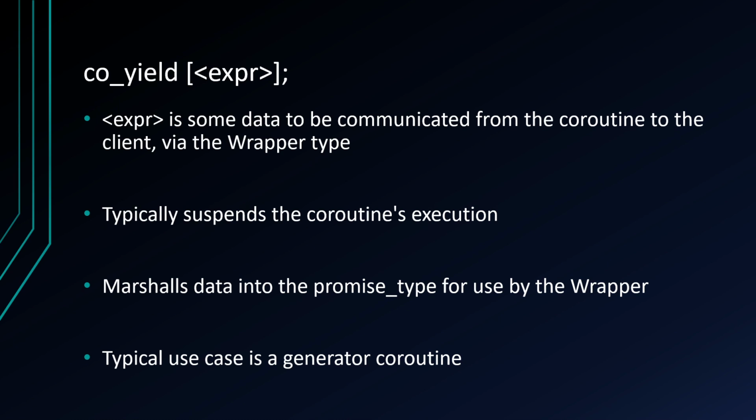We're going to see how this is connected to the promise type and the wrapper when we look at the code example that we're going to look at later. The typical use of co-yield is if you've got a generator. The idea of a generator is you have this function that you call, and it keeps producing values until it doesn't have any more values.